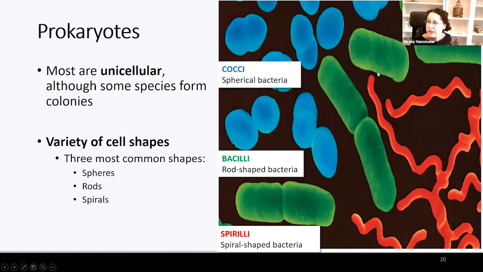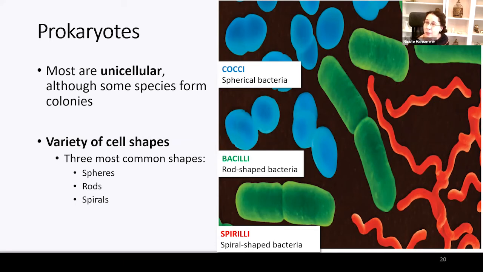So that's one cell, and one cell can basically do everything for itself. And they're also not all boring and do not all look alike. So you see different kinds of shapes here. Those are the three most common ones: cocci, bacilli, or spirilla. But yes, we also have complex mixtures. Basically, we have merging forms between those, which we discovered lately.